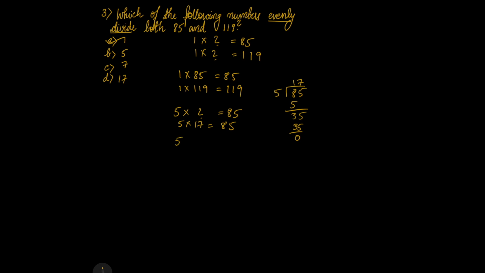Can you multiply 5 by some number to get you to 119? You get a remainder of 4 when you multiply 23 by 5. So no, you cannot multiply 5 by any whole number to get you to 119. So that's a no.